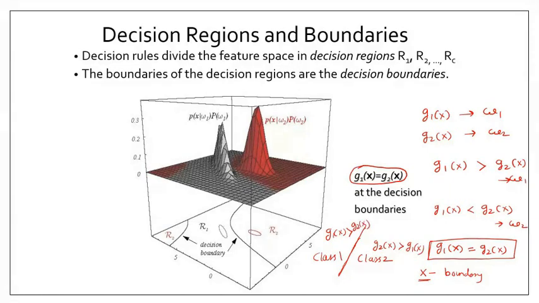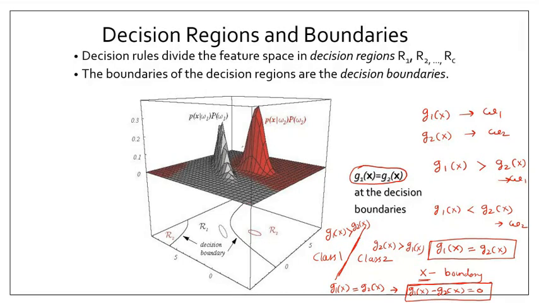What will happen on this boundary? On this boundary, g1x is equal to g2x, or I can write this as g1x minus g2x equal to 0. So that will be my boundary equation. I can find out the boundary equation by just subtracting g1x and g2x. That will give me the decision boundary.